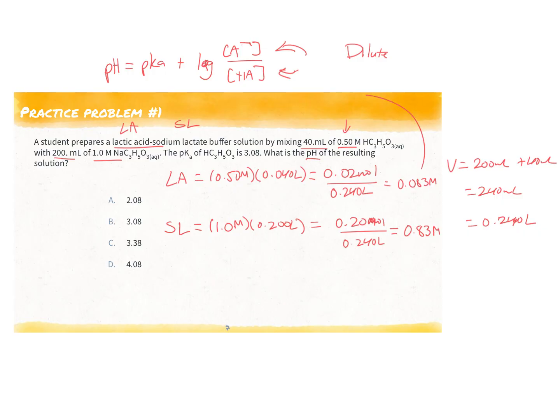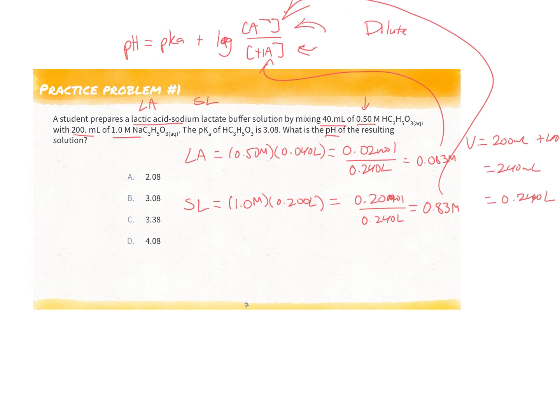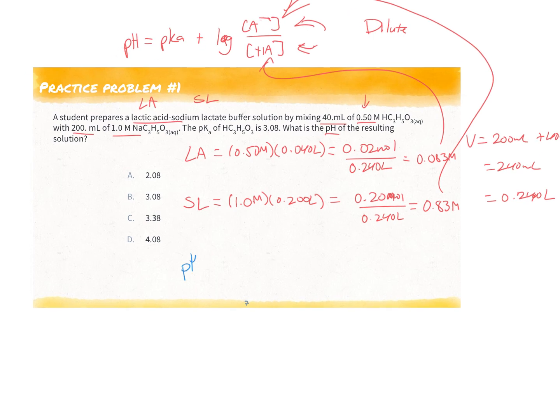And so now I can just plug this into the Henderson-Hasselbalch equation. pH, that's what I'm trying to find, equals pKa, which I'm told is 3.08, plus log of 0.83 divided by 0.083.